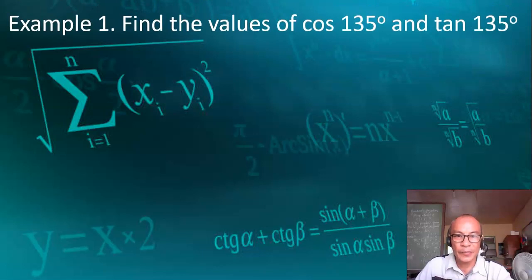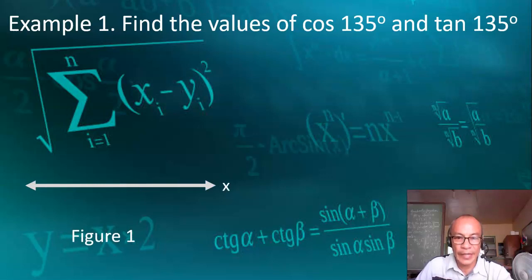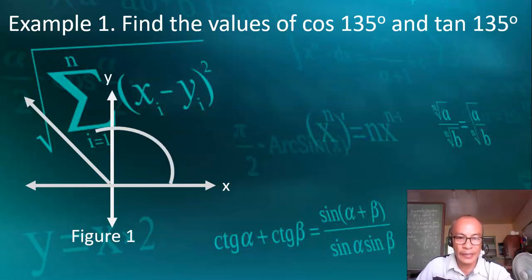Now, let's have an example. For example, we find the values of cosine 135 degrees and tangent 135 degrees. So, let's have figure 1. We have here your x-axis, your y-axis, and then we have there your ray. The angle formed is equal to 135 degrees.